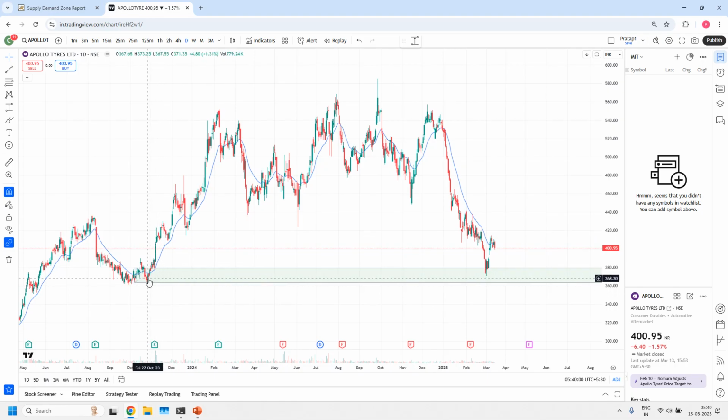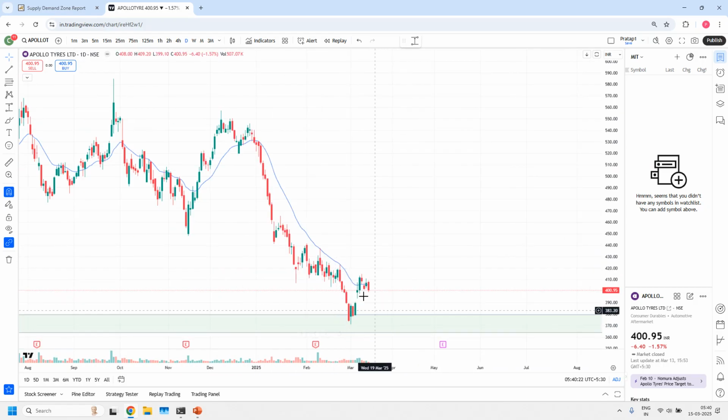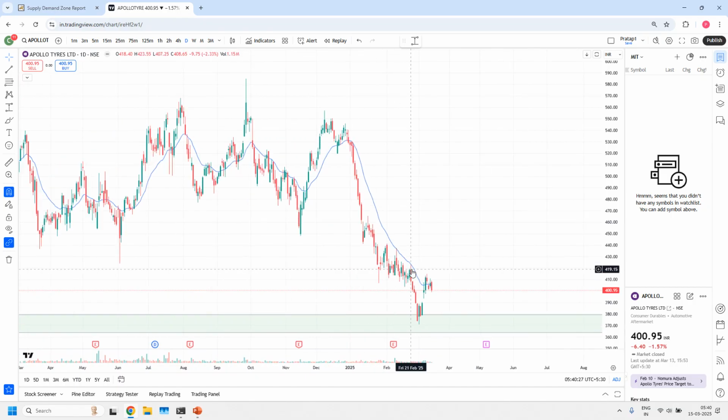But the only problem is in TradingView, we can see only the last 1 year of data at 5 minutes time frame. So October 2023, you won't have access to 5 minutes data. But in the recent price action, within this area, if any new fine-tuned 5-minute zone is there, definitely you can plan a trade next time when prices are entering into this zone.